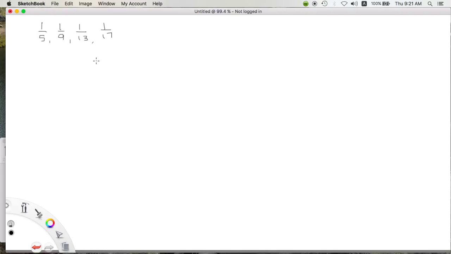So if I want to know a formula for the general term of this, then I'm going to take my formula and plug numbers in here. First I have to figure out what d is. d is what we're adding along the bottom, so we're adding 4 every time.